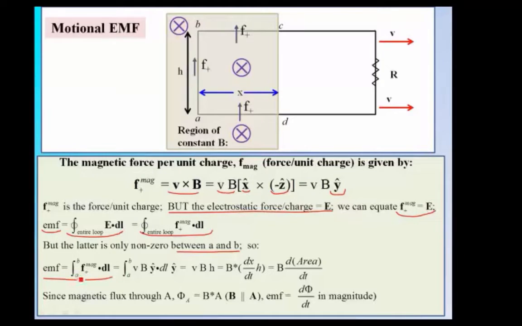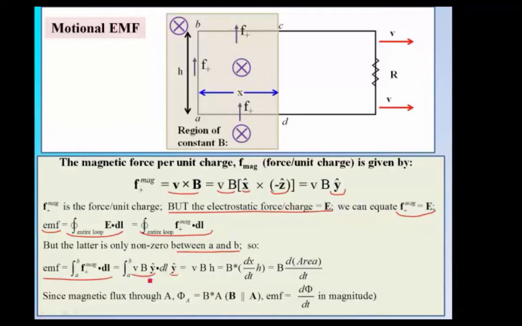Coming back to our expression for V cross B, putting it into the equation, we have a Y hat for the unit vector and the magnitude VB, and for dl, in this case dl is along the y direction between A and B, and so we get y hat dot y hat, which is of course 1.